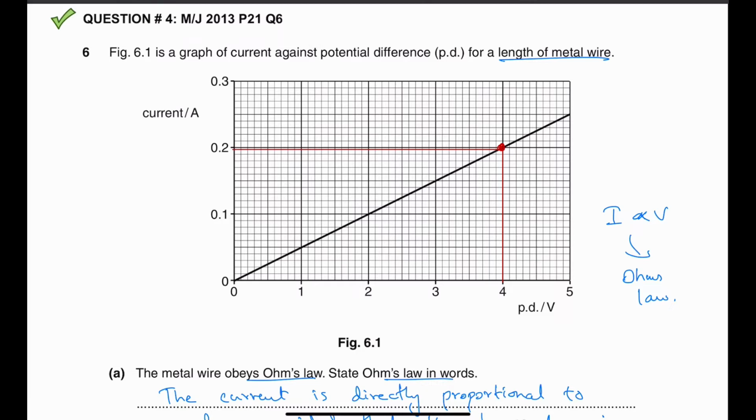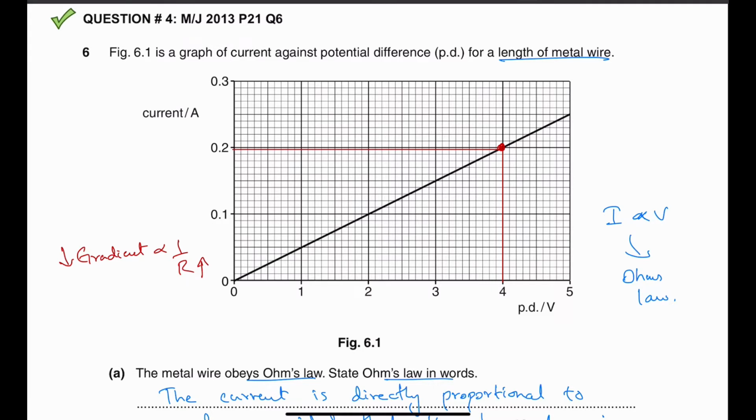Or you can simply remember the fact that gradient is inversely proportional to resistance. So if resistance of something is being doubled, the gradient should be actually half. So what would the new line look like? Well, at each point on this graph, the value of the current will actually be reduced to half.